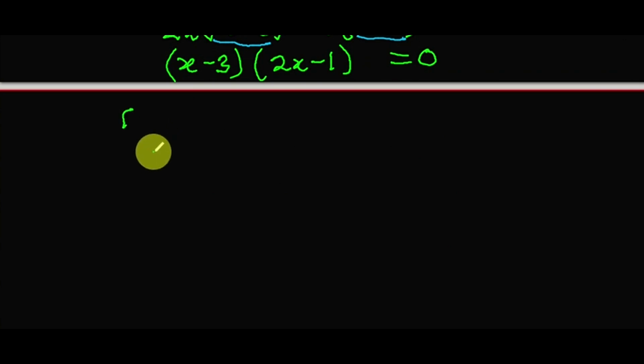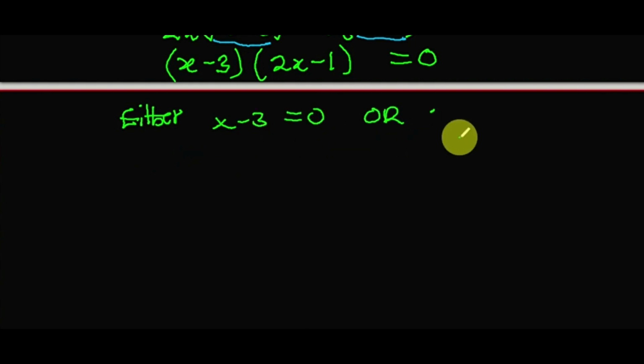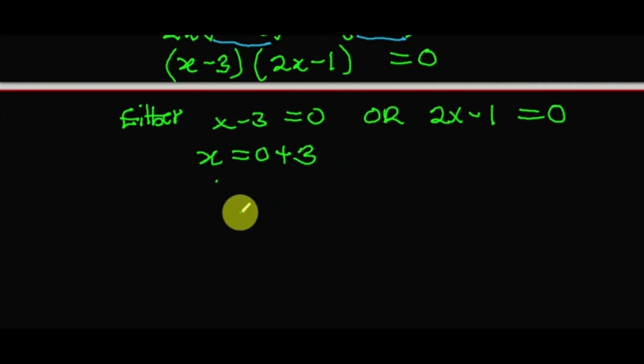Either x minus 3 equals 0 or 2x minus 1 equals 0. From here we have x equals 0 plus 3, therefore x equals 3.